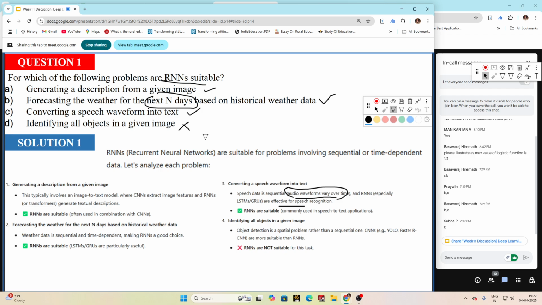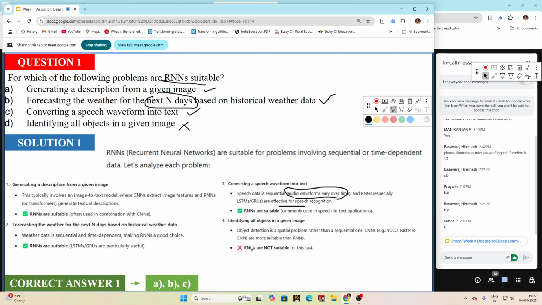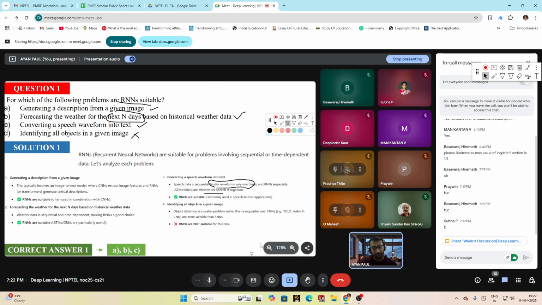So option D is not correct. Options B and C are correct. A is partially correct: you first apply CNN and then RNN. So A, B as well as C can be written as the correct answer. Okay, so is this clear to all of you? Clear, right?